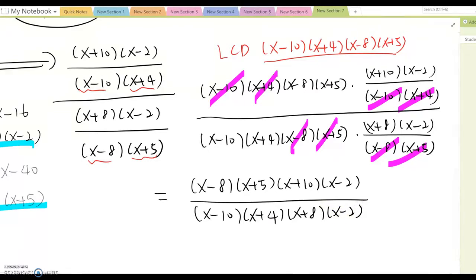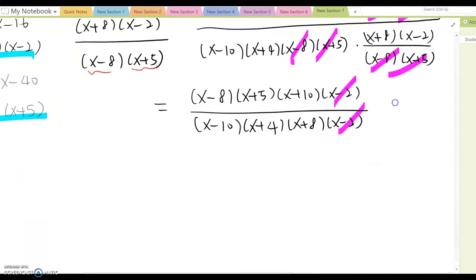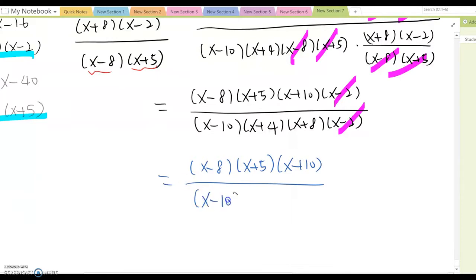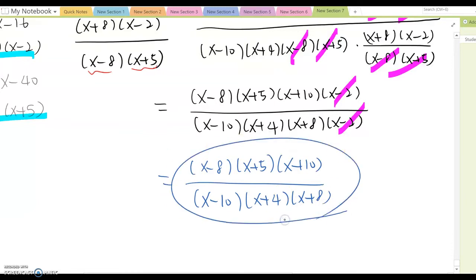Fortunately, we found another common factor. This cancels out. So the final answer becomes x minus 8, x plus 5, x plus 10 over x minus 10, x plus 4, and x plus 8. That is our final answer.